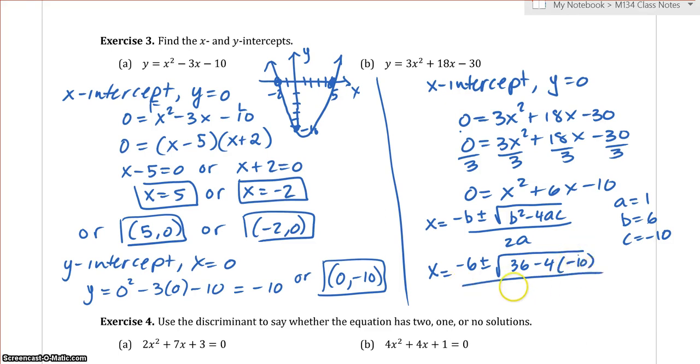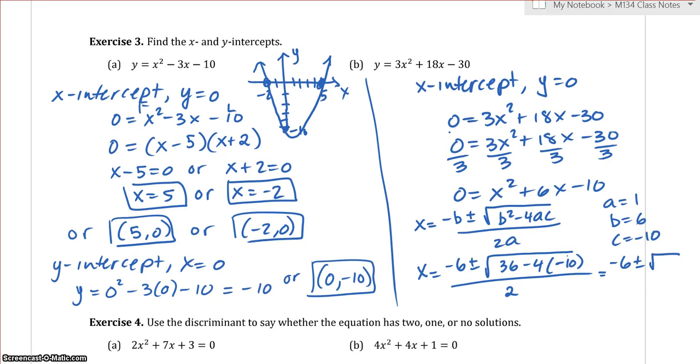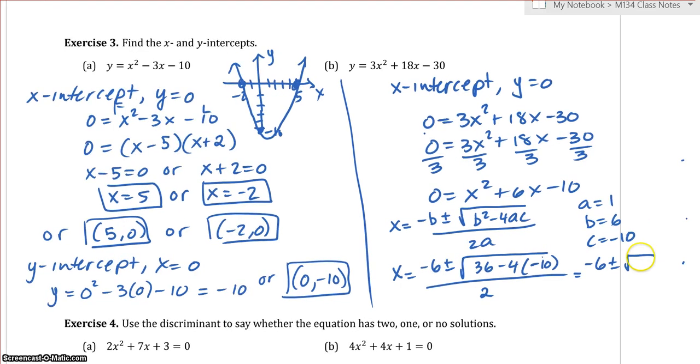All over 2 times 1, which is just 2. So that's going to be -6 plus or minus, we're going to have here, 36 plus 40.